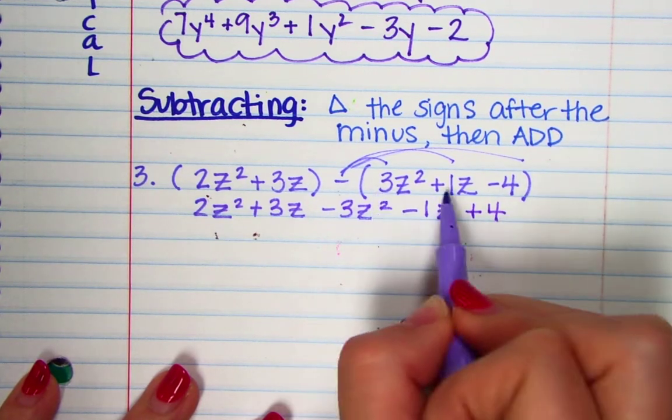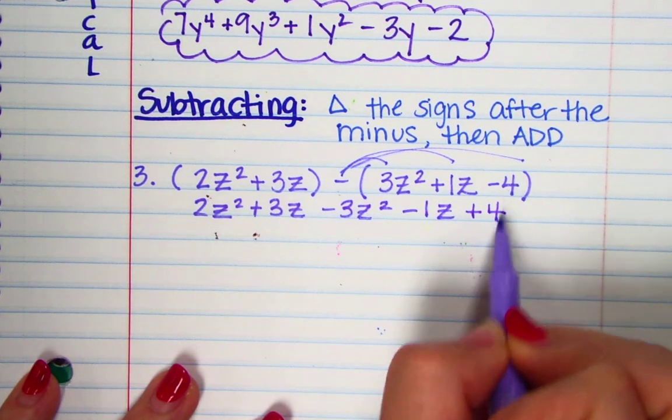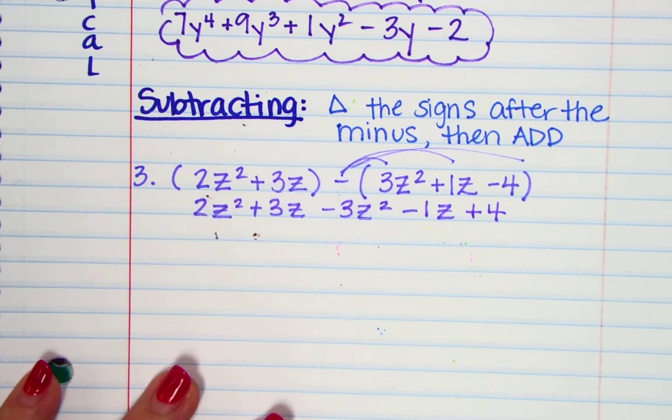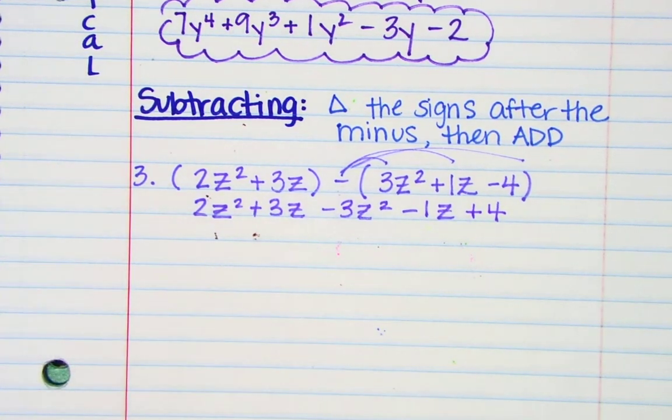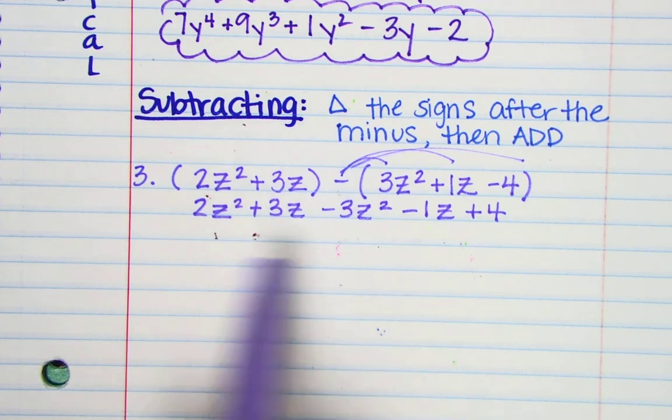If it's positive, it becomes negative. If it's negative, it becomes positive. Okay, then combine your like terms. Okay, now we're just combining, adding just like normal. Just adding. Yeah, after you change the signs, then you're just adding.